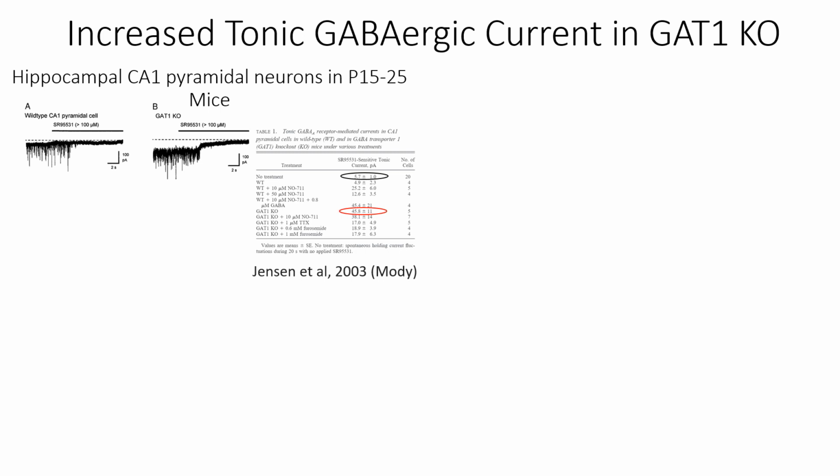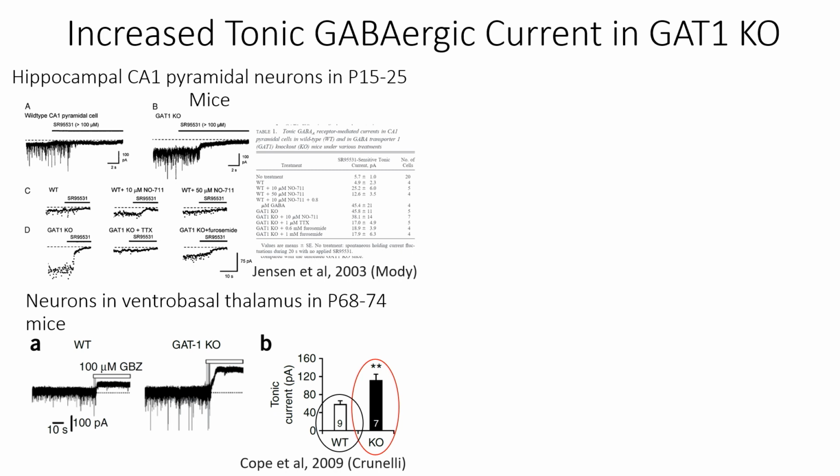So in this study, they looked at hippocampal neurons, and those numbers might be too small, but basically in the knockout, they saw a 45 picoamp current. And in the wild type, it was a 5 picoamp current, basically there was really no current. So suddenly this large tonic current has emerged, likely due to all this ambient GABA being present outside the synapse.